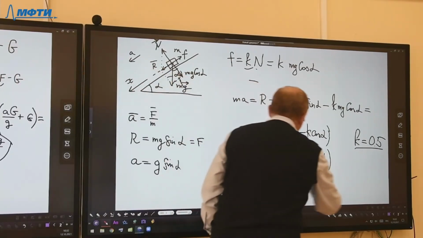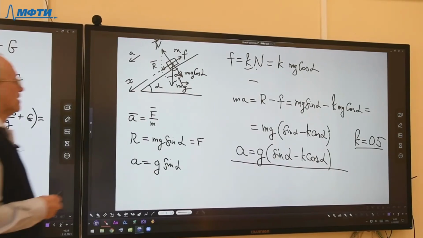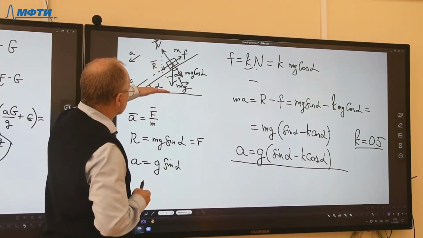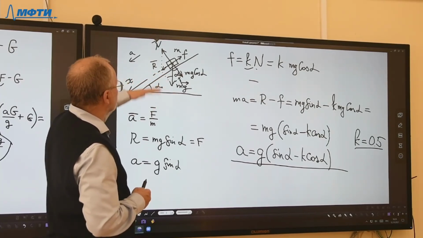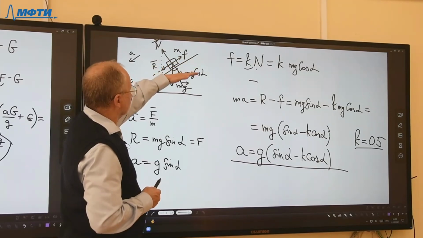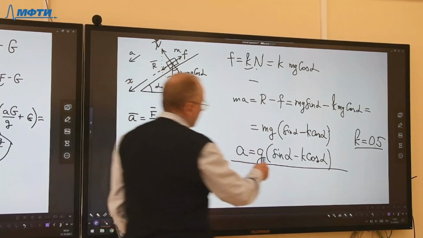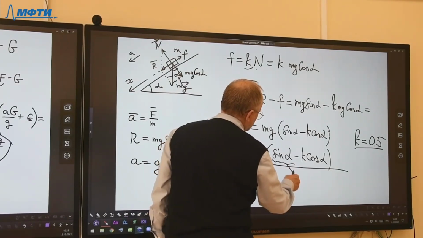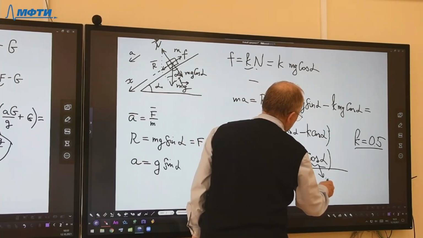So this formula was derived from Newton's second law. And now look here. Suppose angle alpha is very small and goes to 0. The surface is almost horizontal. Then as alpha goes to 0, sine alpha also tends to 0, and cosine alpha will tend to unity.